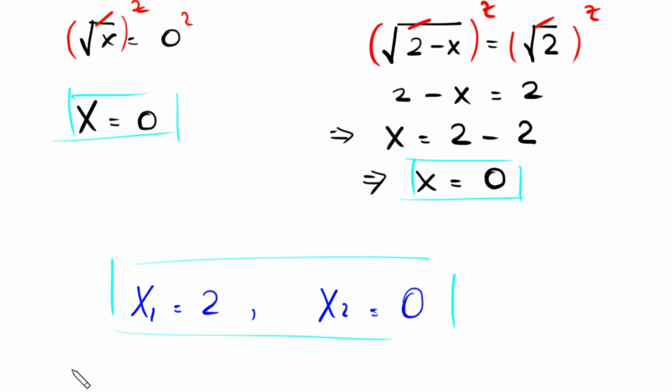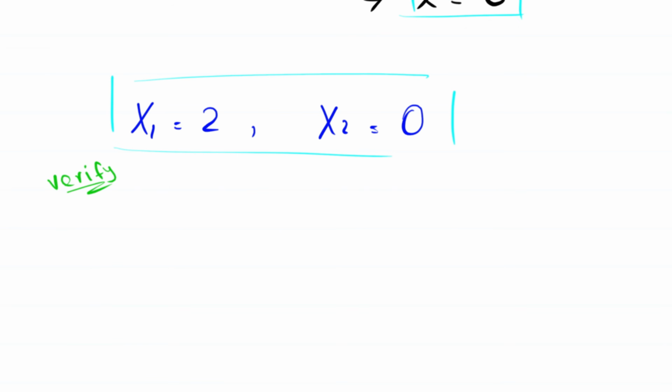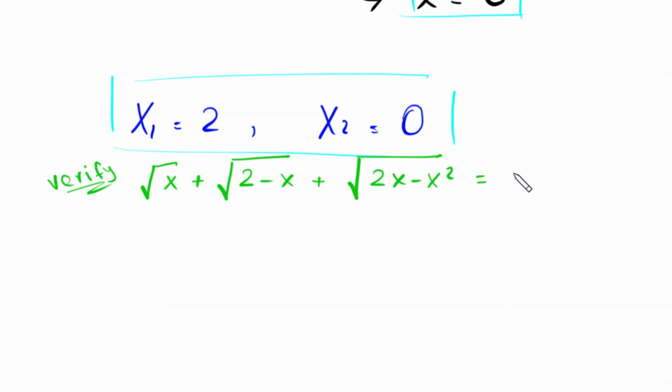Now let's verify these values in the original equation. The original equation is root x plus root 2 minus x plus root 2x minus x squared equal to root 2.